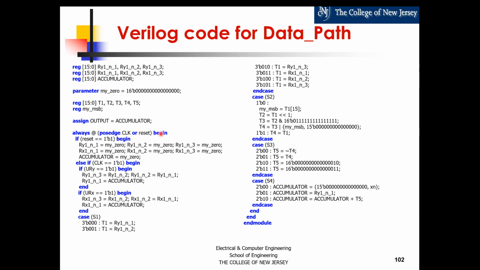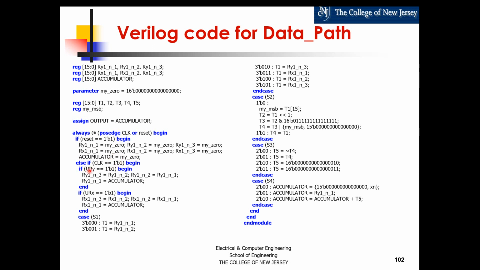At reset, in this case, my reset is 1. I'm just going to initialize all the registers to 0, as well as the accumulator. Then I just look at every possible case of the control signals when the clock is asserted.